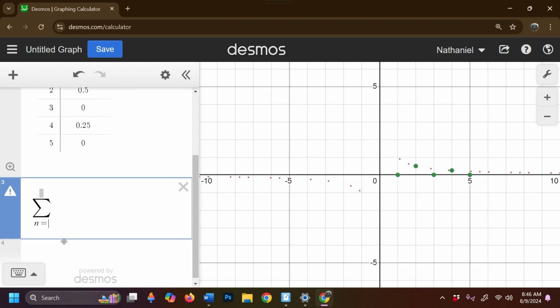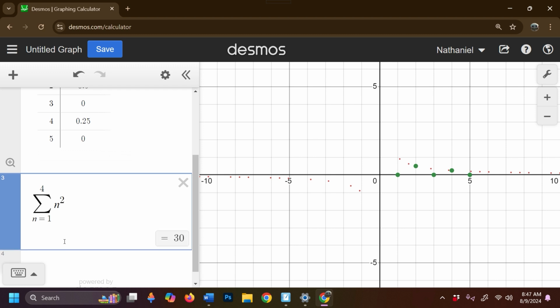So that will work as well, but this seems to be easier to me. And I want to go from 1 up to 4. And then here, they use as their index n, so I need to use n. And I need that to be n squared. And there you see that we get 30.